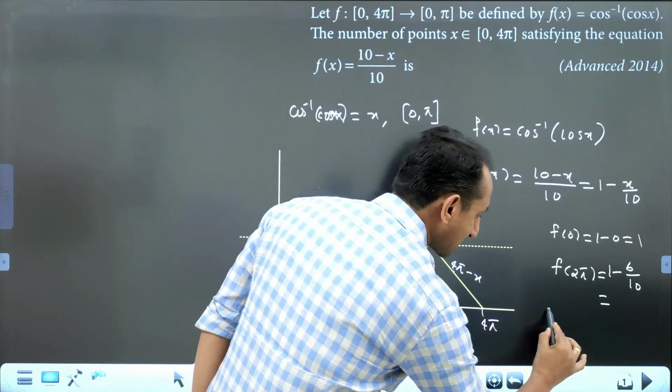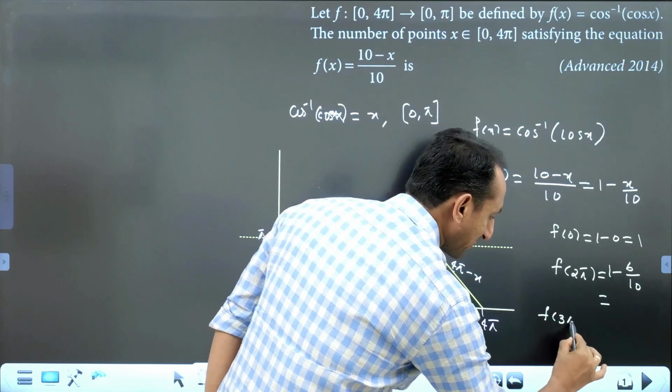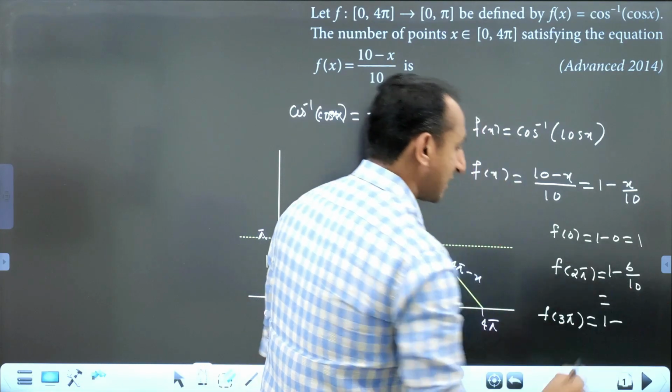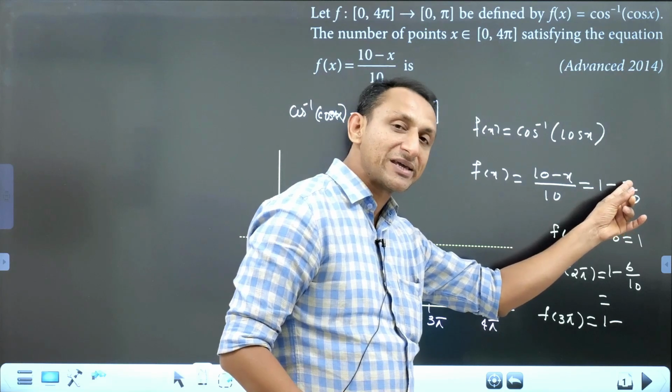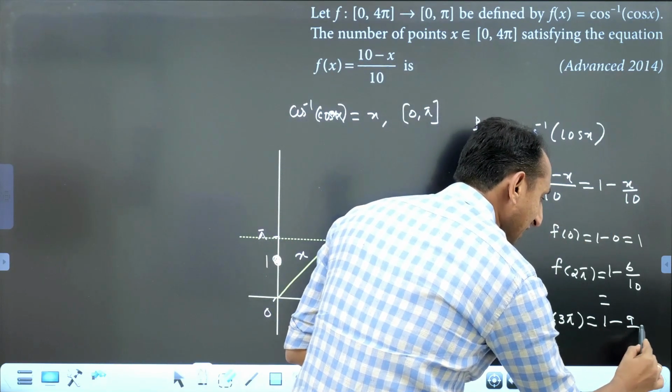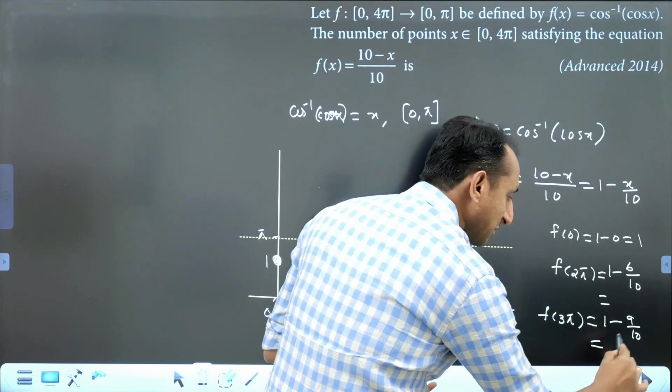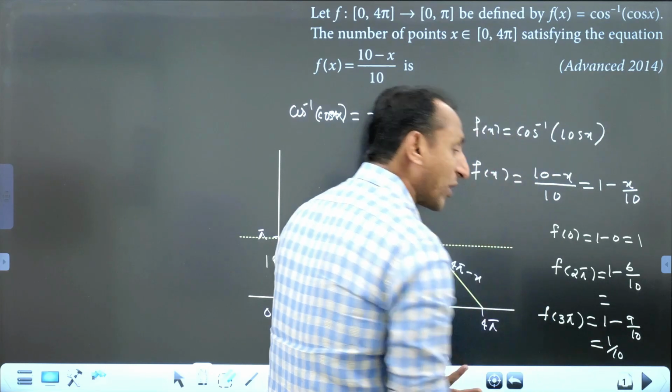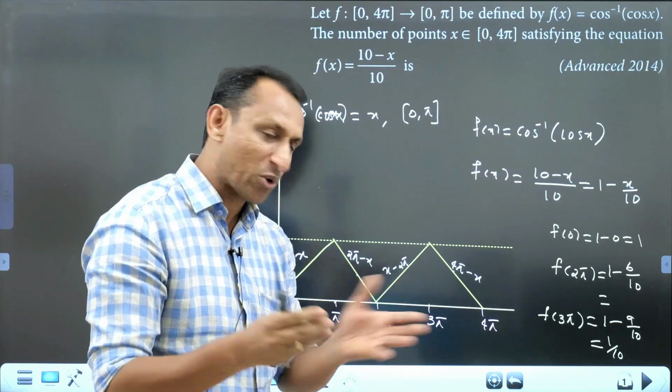When you put x equal to 3 pi, f of 3 pi is what? 1 minus, put x equal to 3 pi here. That is 9 point something. I have approximately written as 9 by 10. Simplify this, you get answer 1 by 10, that is 0.1.